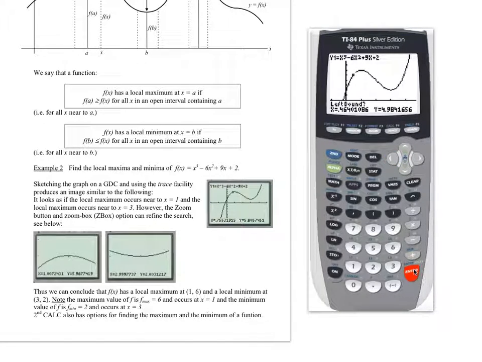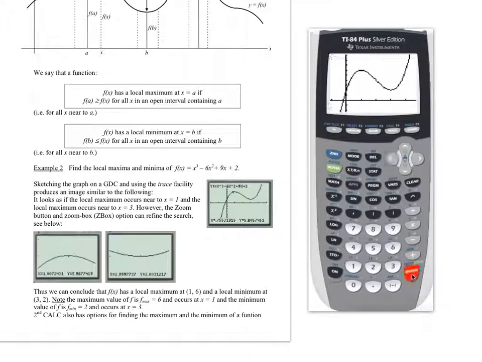You then press enter. Then you move the cursor over to the right of the maximum, because it's asking for the right bound this time. So move the cursor over to the right, and then again press enter. And then it asks for a guess, so you just put the cursor somewhere near the maximum.